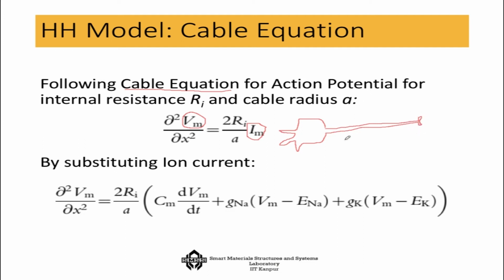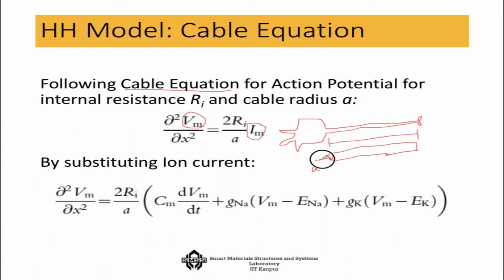Now this axon is essentially modeled like a cable, and it is this part which is modeled like a cable of some radius a. So this is the cable, and the radius of the cable is modeled as a.